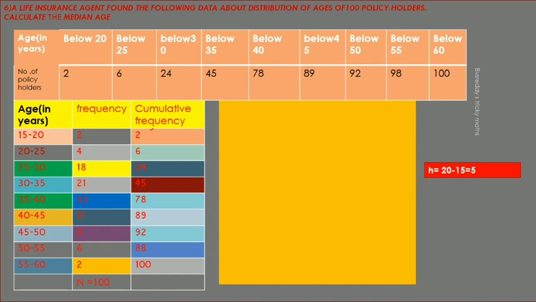Now, important in this problem, to find the median, first of all we have to write n equals 100. Immediately find n by 2. What is the value of n by 2? 100 by 2 means that is 50.